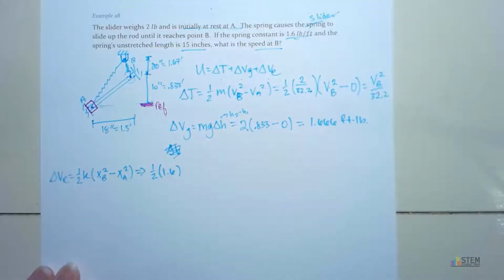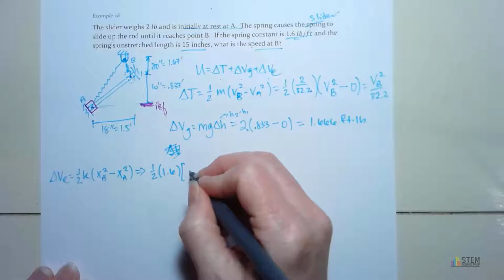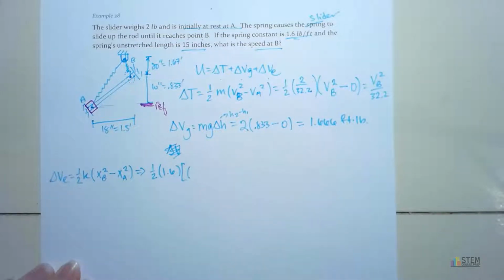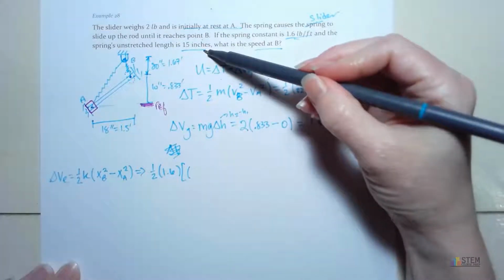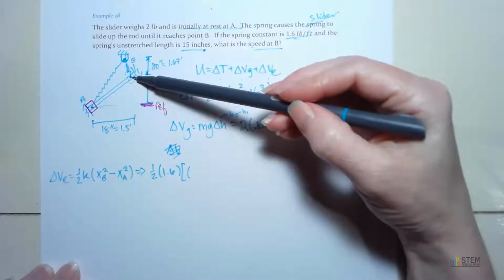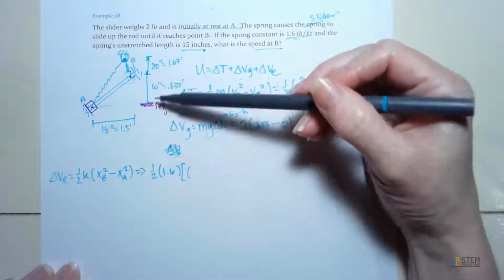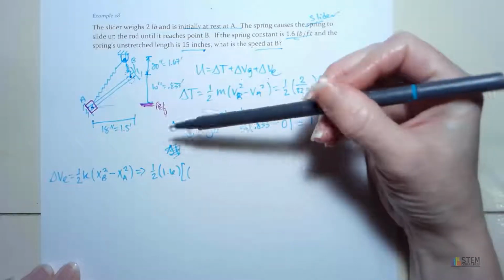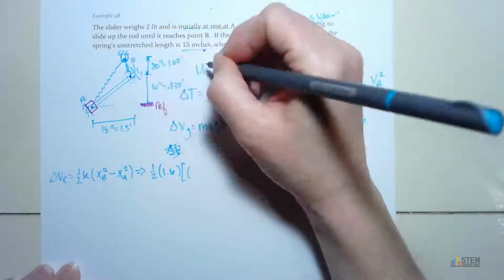And then we got to find our x values. All right, so let's do xb first. Now remember, it's stretch or compression. So my unstretched length was 15 inches. Now when I'm at B, how long is that spring? Well, that spring is 20 inches. So basically we need to do the difference here.